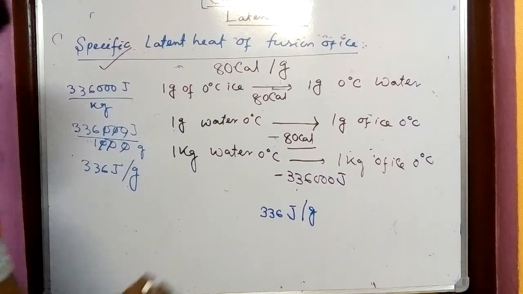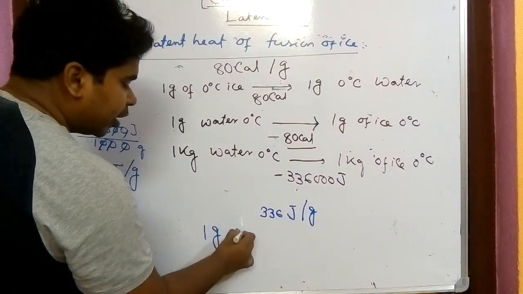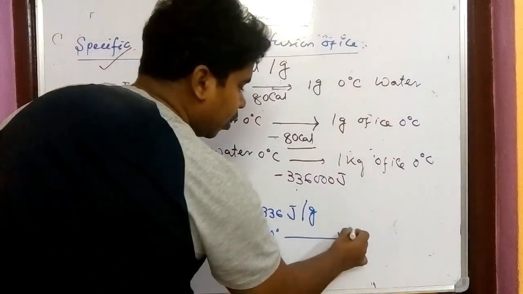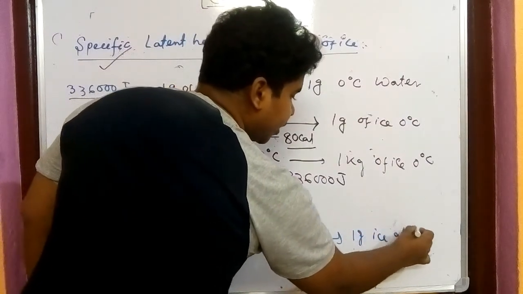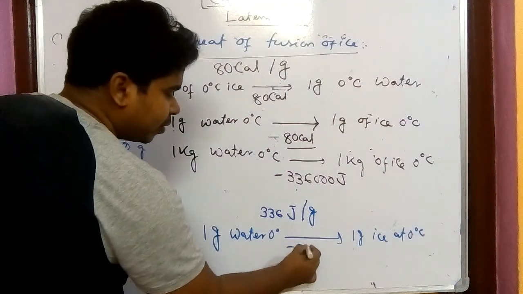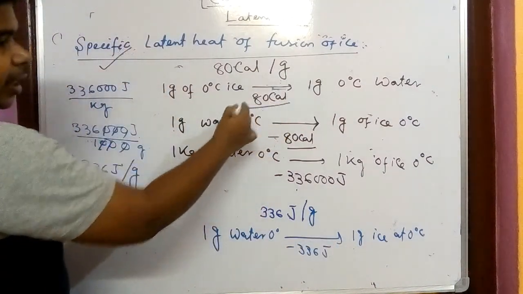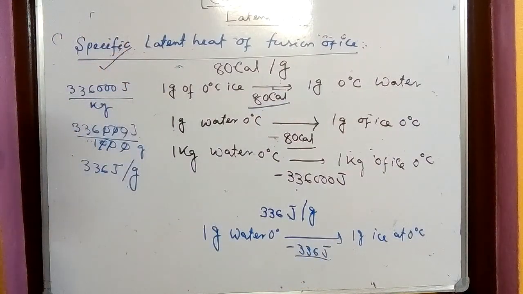We can say when we want to convert 1 gram of water at 0 degree centigrade to 1 gram of ice at 0 degree centigrade, then we have to extract extra 336 joule of heat. That means 80 calorie and 336 joule are the same.